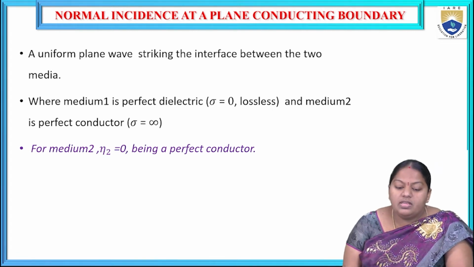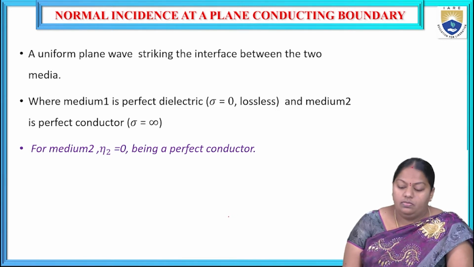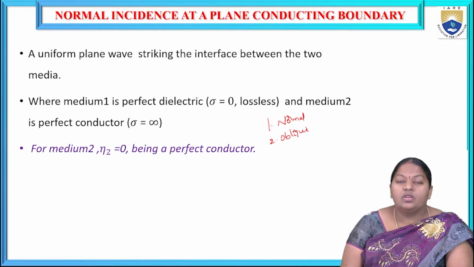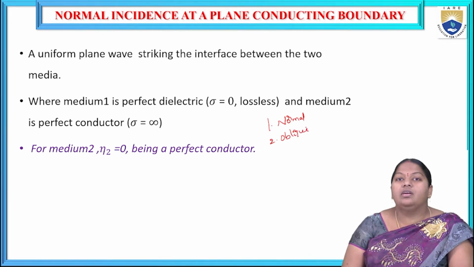In the previous lecture, we learned about normal incidence at a plane dielectric boundary. Basically, there are two types of incidences that occur: normal incidence and oblique incidence.